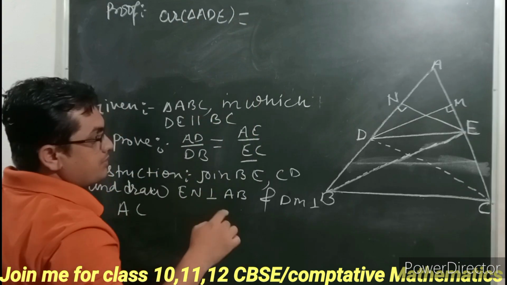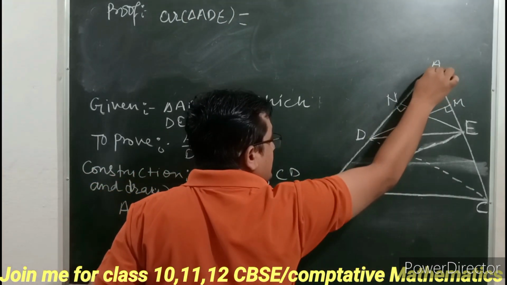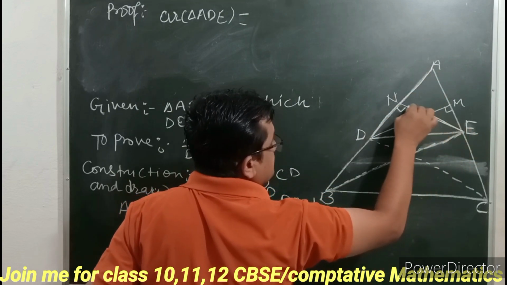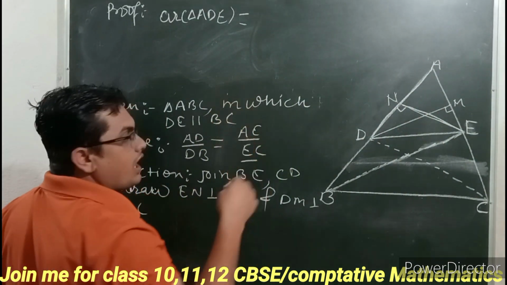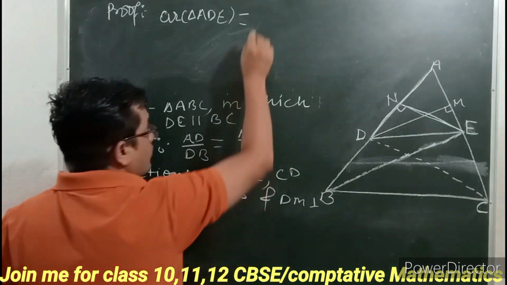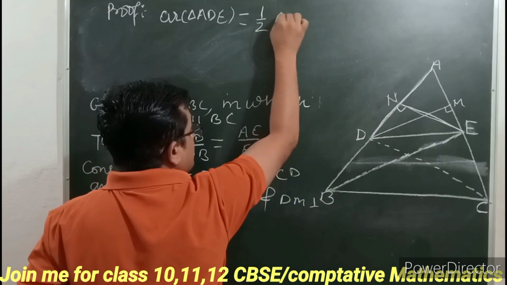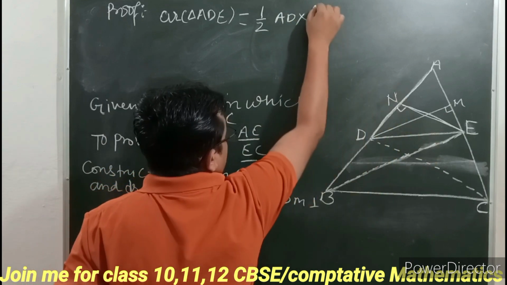What will be the area of triangle ADE? For this triangle, AD will be the base and EN is the perpendicular. So we know that area of a triangle is equal to 1/2 base into height. Base is AD and height is EN.